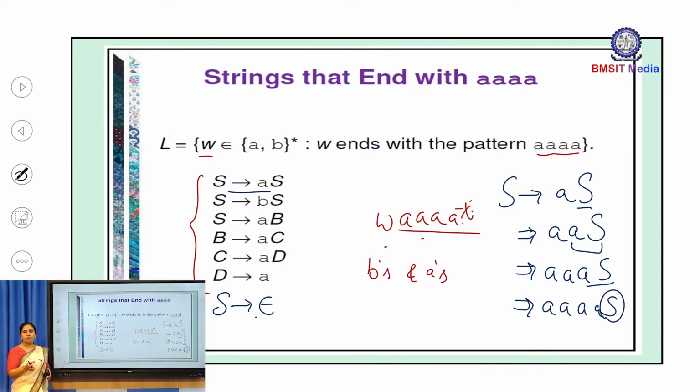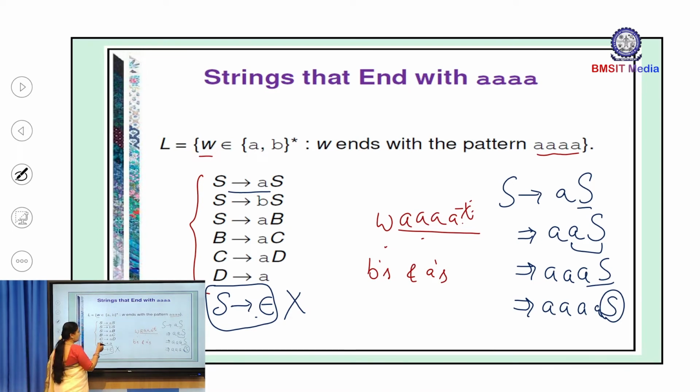So a string of length 0 is also accepted if I introduce this particular production. So this particular production cannot be part of this regular grammar for the given regular language. So I have to take care of not defining S tends to epsilon, which is very important and crucial.